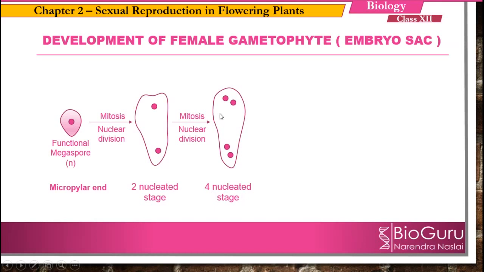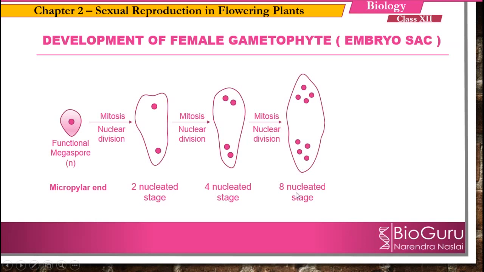After this, once again these nuclei will undergo division, resulting in the formation of the 8 nucleated stage. So these 2 will divide and give rise to 4 nuclei, and these 2 nuclei are going to divide and form another 4 nuclei. So towards one pole you will find 4 nuclei, and towards the other pole 4 nuclei. So overall there are 8 nuclei. Hence this stage is called the 8 nucleated stage.